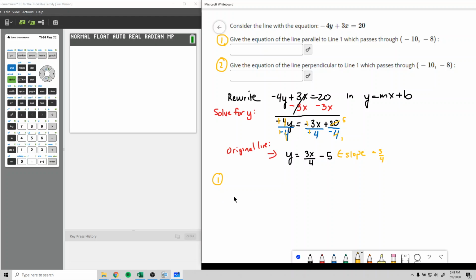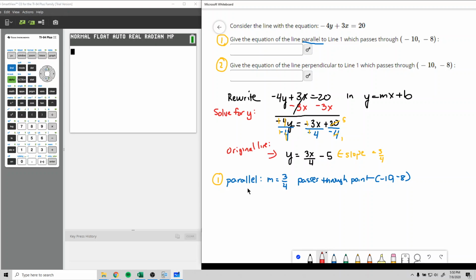Number 1, we want to give the equation of the line parallel to this line, which passes through this point. Since it's parallel, it has to have the same slope. It's going to have slope 3/4 and pass through the point (-10, -8).